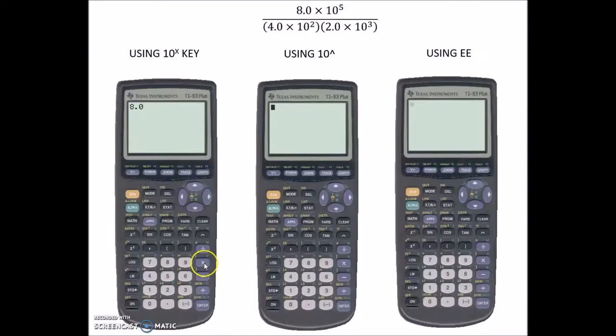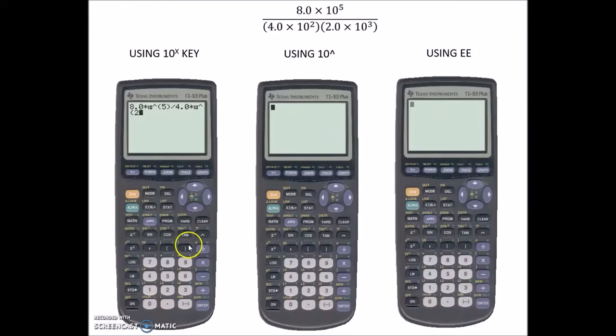We're going to key in 8.0 times 10 to the 5th, and we're going to use the 10 to the x key on the leftmost calculator there. It's kind of slow and painstaking here. We're going to divide the numerator by the first part of the denominator, that 4.0 times 10 to the 2nd, and we're going to use the 10 to the x key to get that 10 to the 2nd functionality in there.